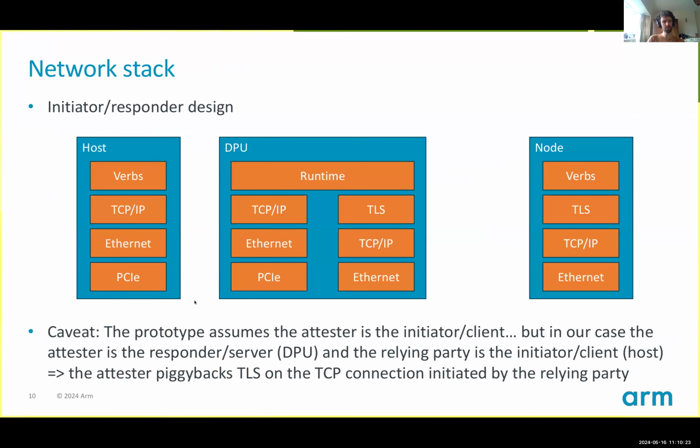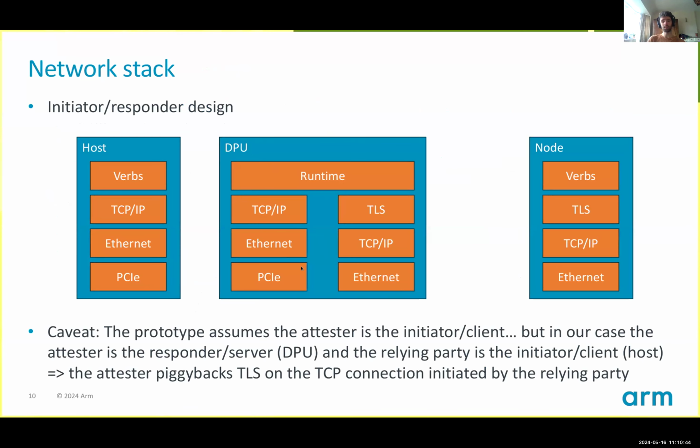Yes, I'll show it here. So this is an overview of our network stack. We have host and DPU on one side, node on the other side. TLS is only used between the DPU and the external node.